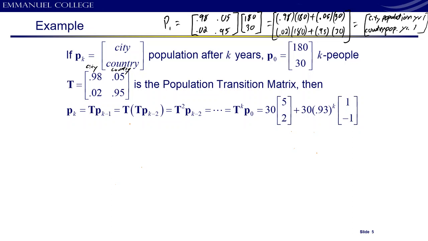And eventually what happens is you hit kind of an equilibrium where after a while, because of the amount of people that have left and come back and left and come back, the proportion is always the same. You might end up with like 150 people in the city and then 60 people in the country.